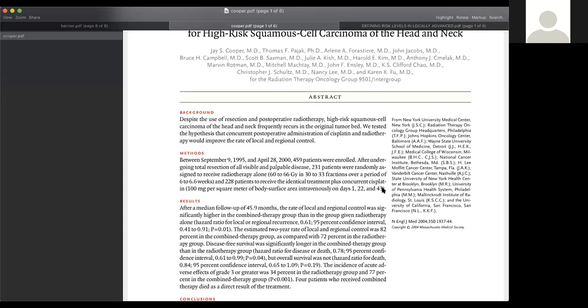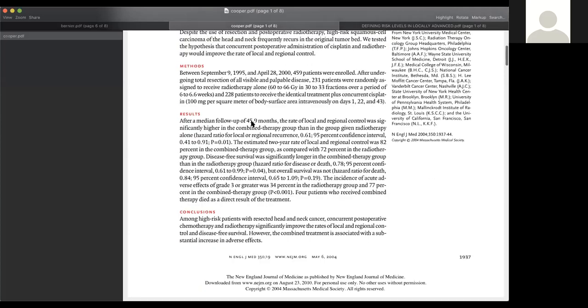There's a very specific group of patients being analyzed in the study, and the question you're looking to answer is also very specific. Now, if you look at the results, the follow-up period is a good 46 months. They looked at the rate of local and regional control. Local control is the tumor bed, regional control is nodal recurrence.